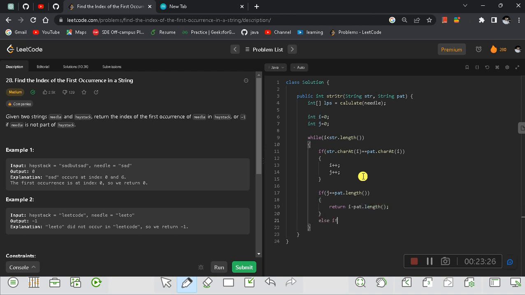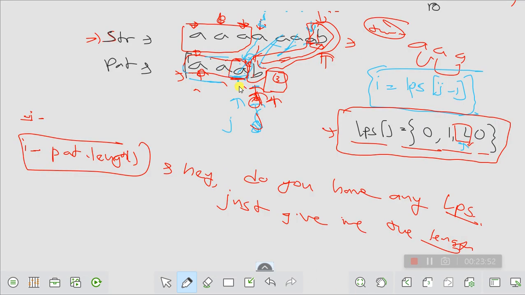Else, if my i is smaller than str.length and my current character is not equal, just write that condition: if str.charAt(i) is not equal to pattern.charAt(j). See what I have done on my board. In that case, I was asking the previous character what is the longest prefix suffix you have.